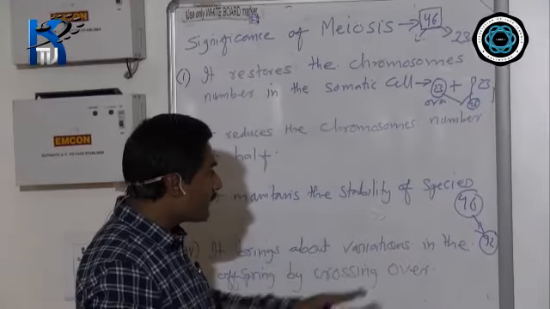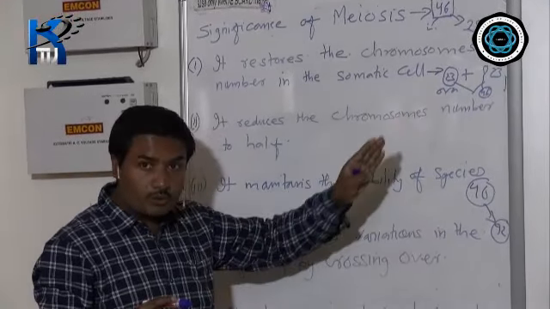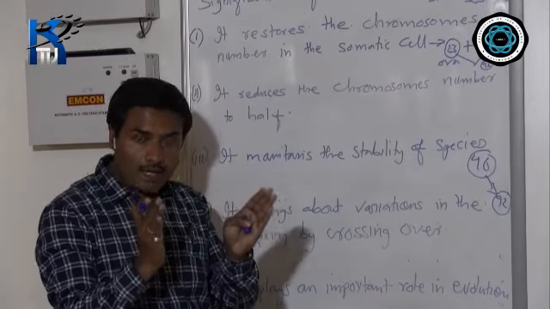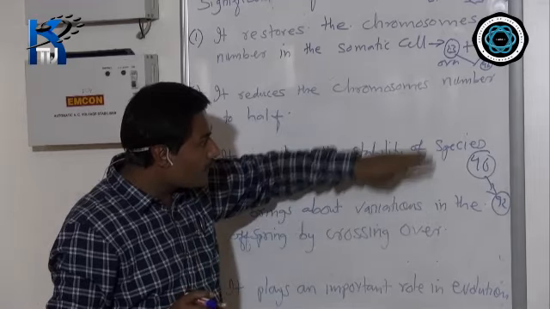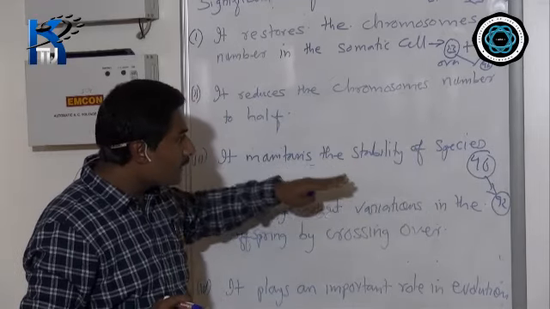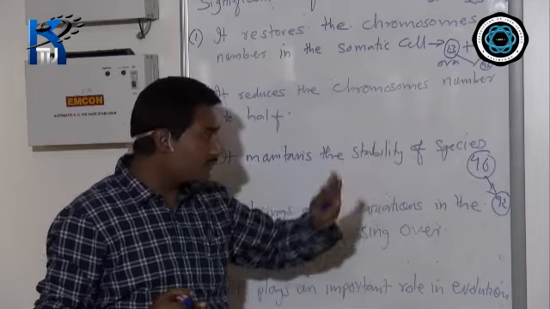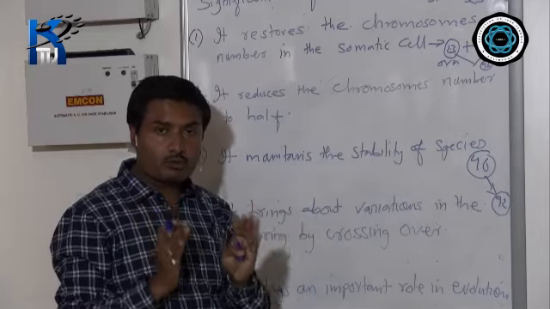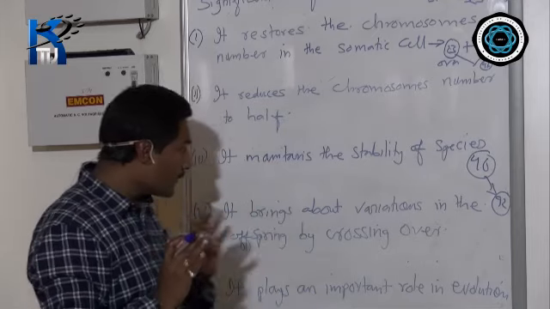So due to meiosis, when the reproductive cells are reduced to half, it maintains the stability of the species. The chromosome number is restored, and with 46 chromosomes we are known as human beings.